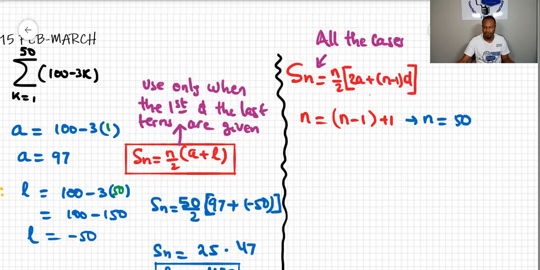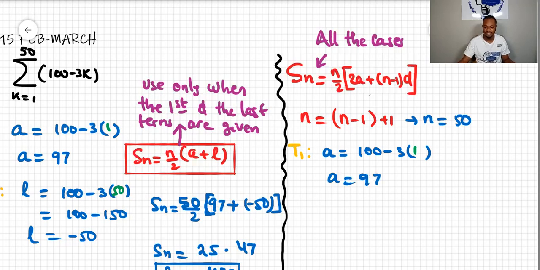Now we can find A. A is the first term. So T1 here will be A, which is equal to 100 minus 3 times 1, and we get A equal to 97.